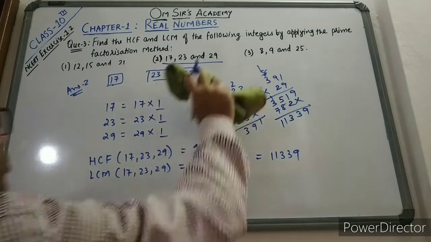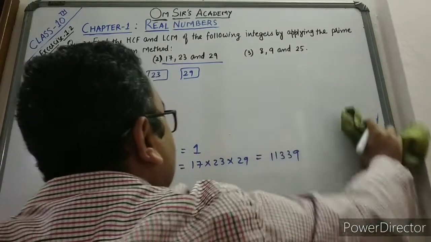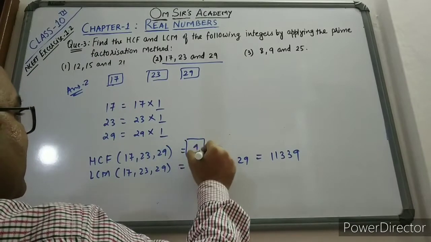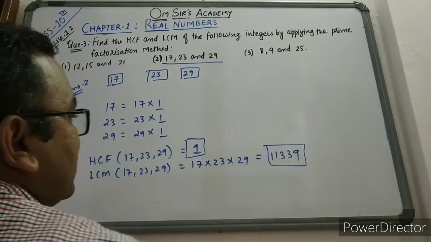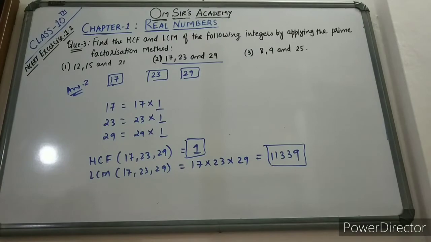So hope this is clear, friends. It was very easy. HCF we got as 1 and LCM we got as 11,339.